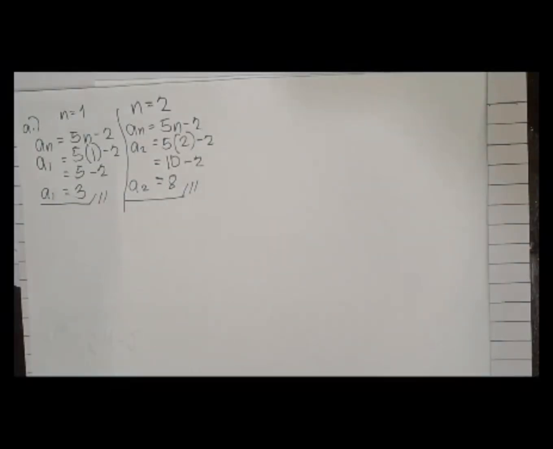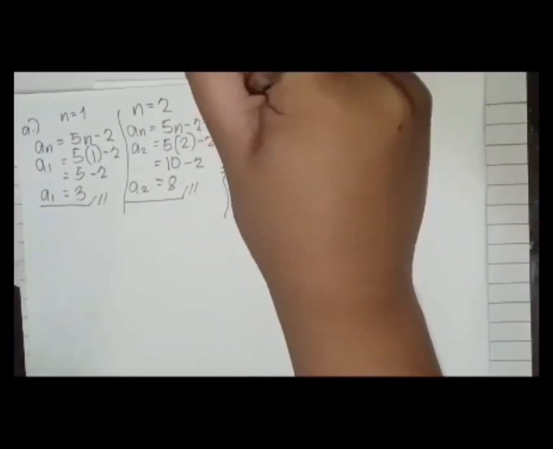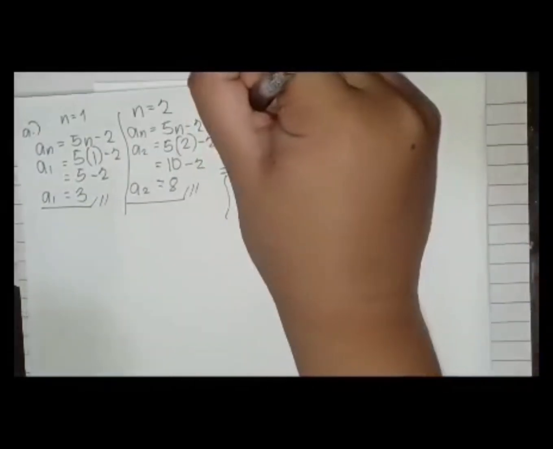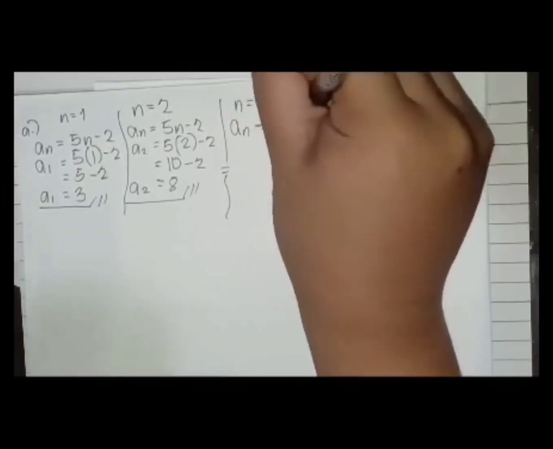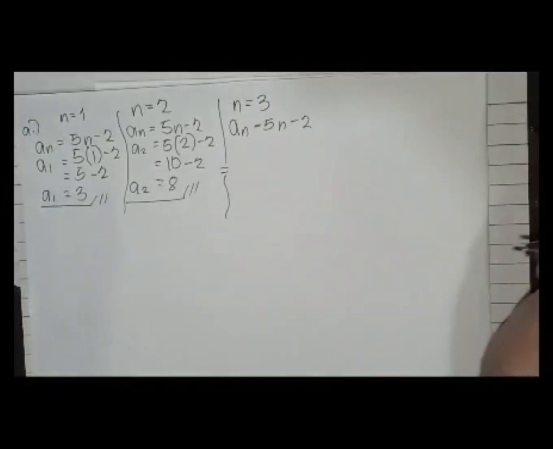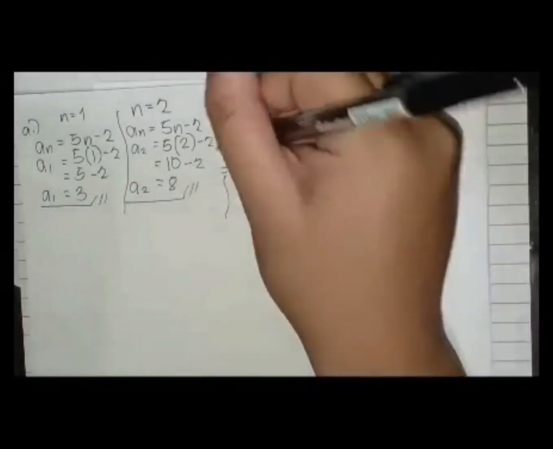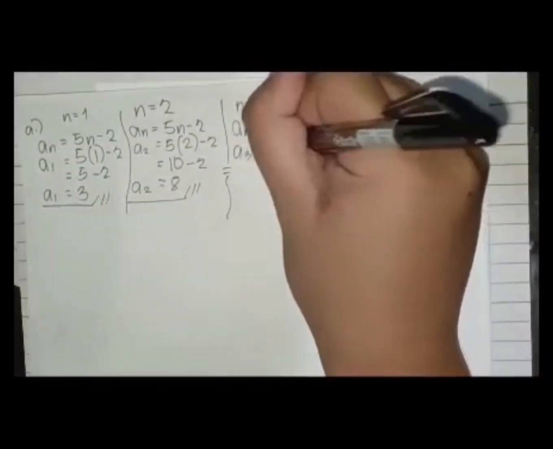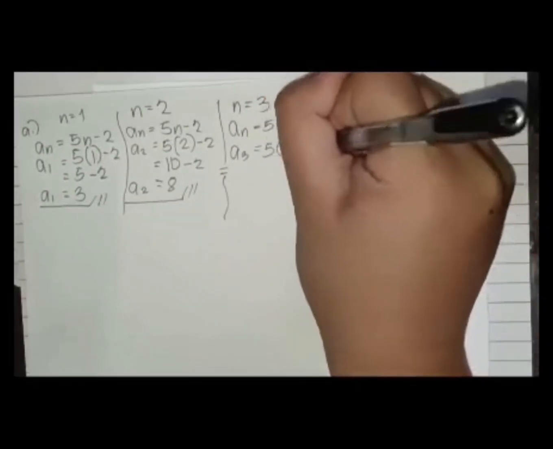And then, to find the third term, let us substitute the value of our n, which is 3, into the same formula, a sub n is equal to 5n minus 2. So, a sub 3 is equal to 5 times the value of our n, which is 3, minus 2.